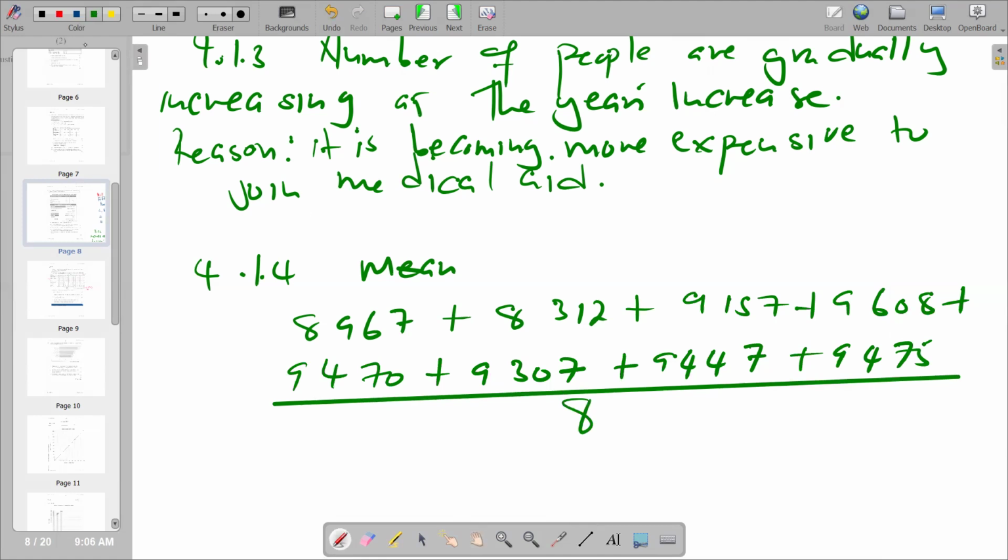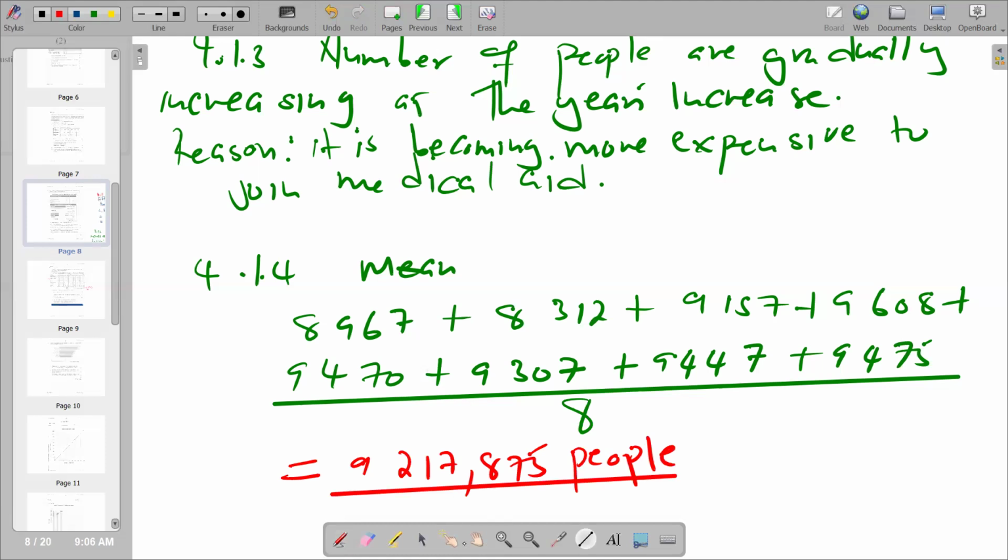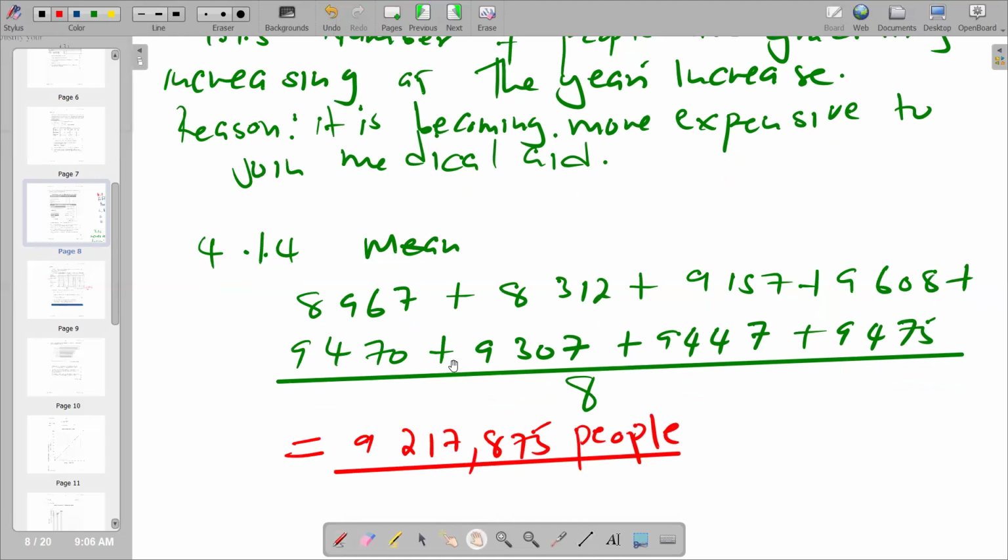And you see that the final answer that we're supposed to get is 9,217.875. So this becomes your mean.